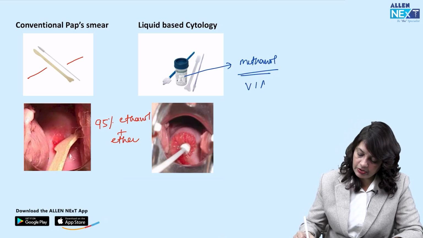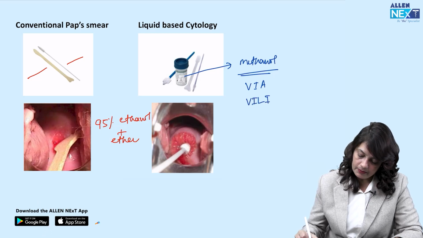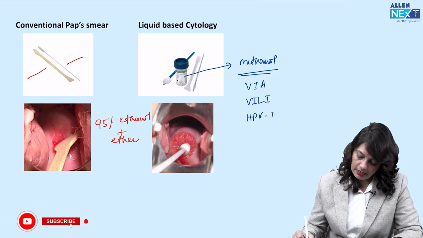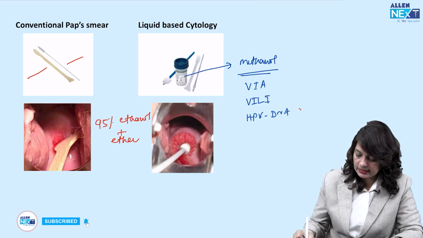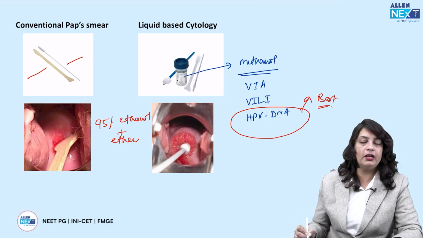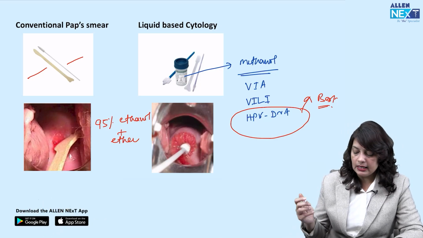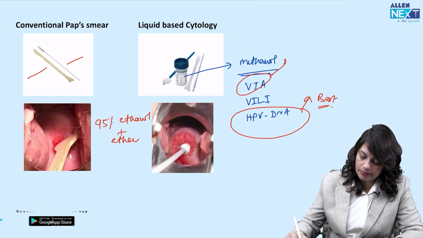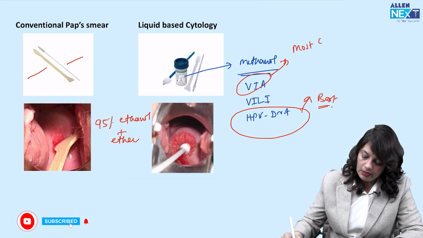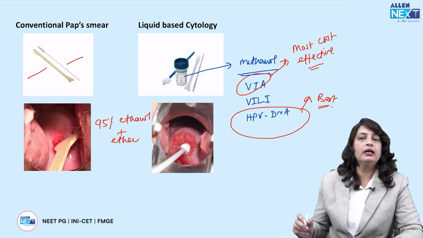Remember the other screening tests: visual inspection under Lugol's iodine, VILI, and HPV DNA test. The best test nowadays is the HPV DNA test, but it is comparatively a costly test. For mass screening, the most cost effective test is the VIA test.